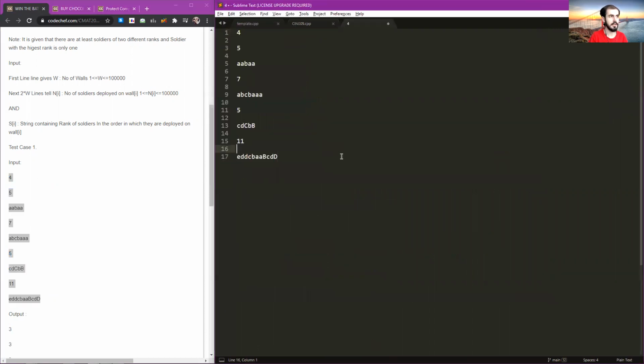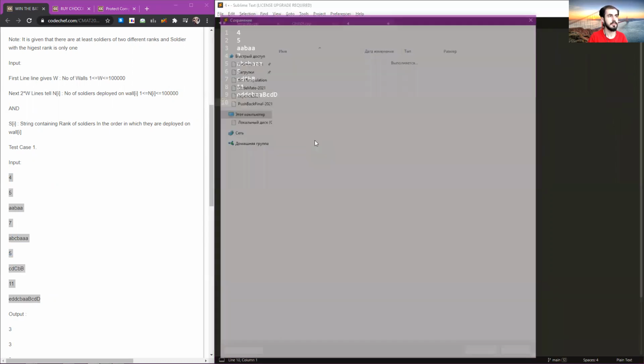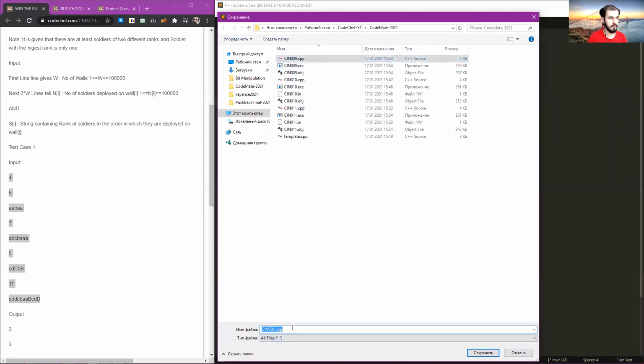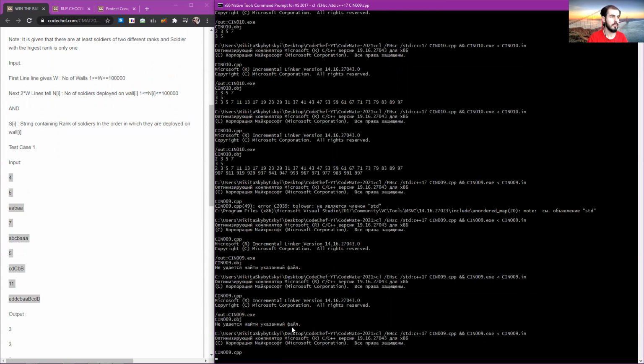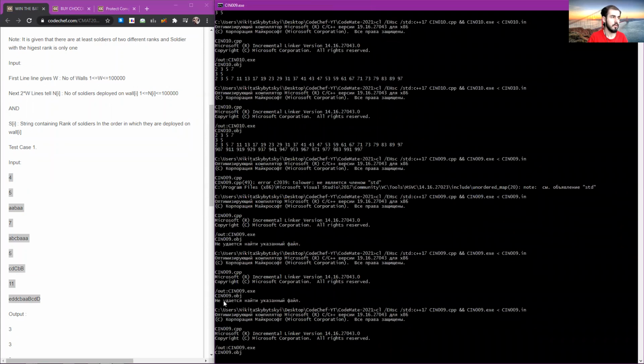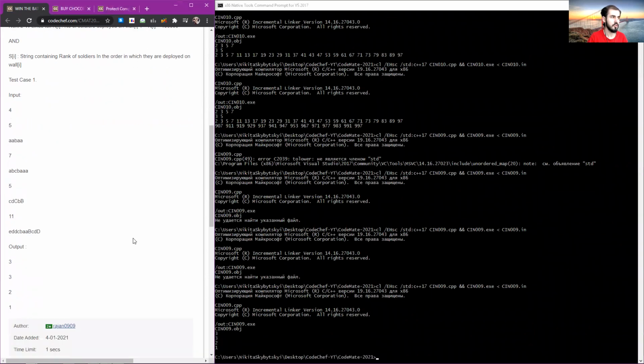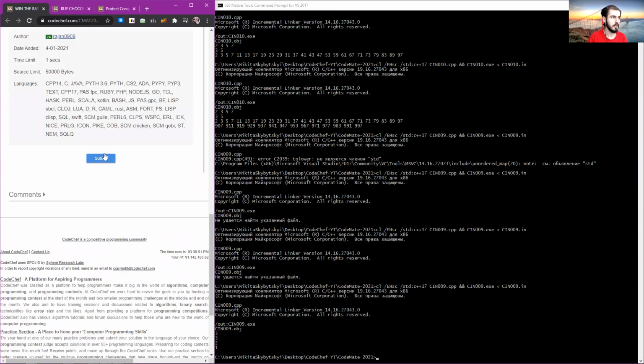It's really annoying how they have empty lines. I know it does not bother C++, but still. Should choose 3, 3, 2, 1. Okay.